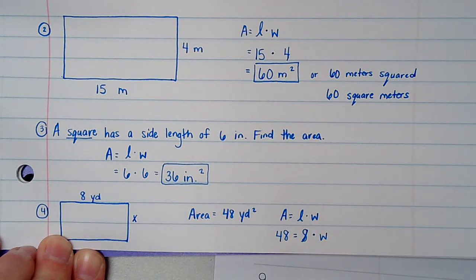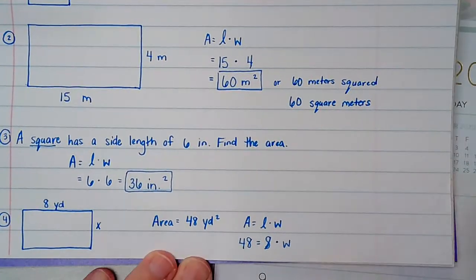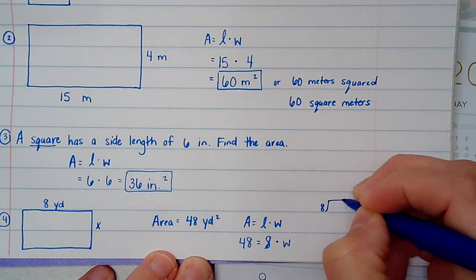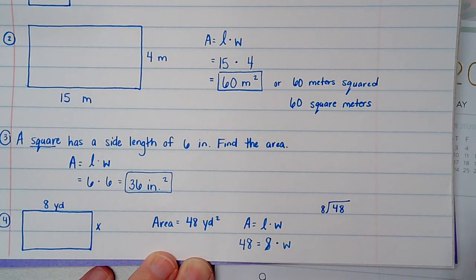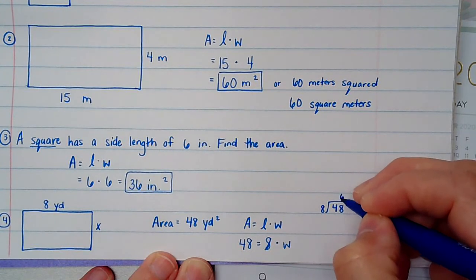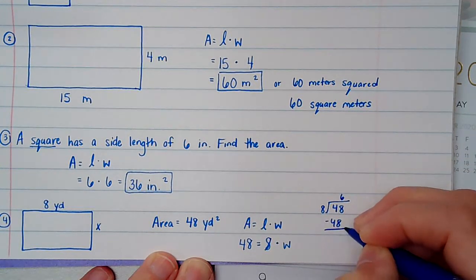But if you don't know off the top of your head, all you got to do is the inverse. All right. Well, what's the inverse or the opposite of multiplication? Hopefully you're thinking division, and that would be correct. So if I did 8 into 48, okay, well, what times 8 gives me 48? And hopefully you're saying 6, and that would be correct.